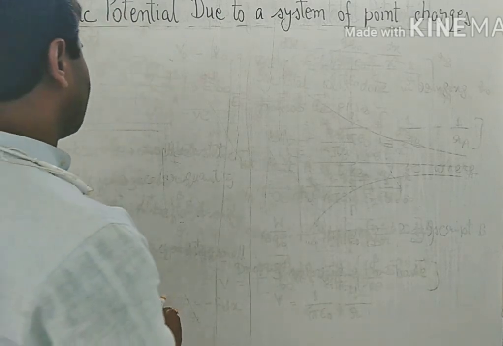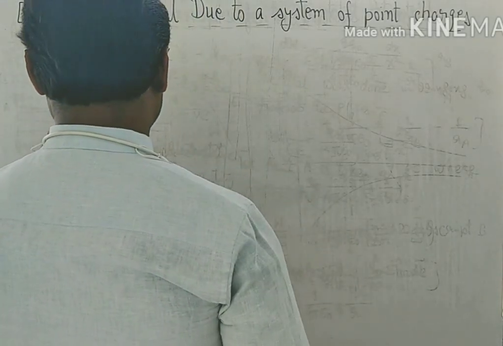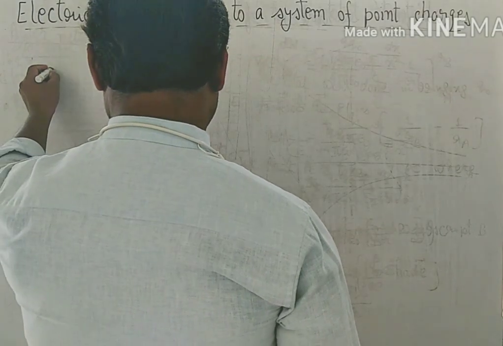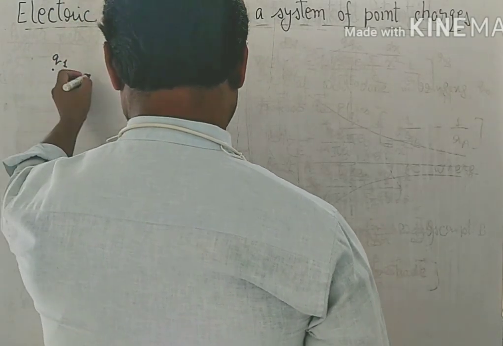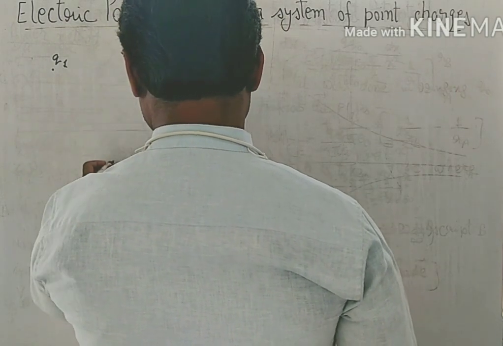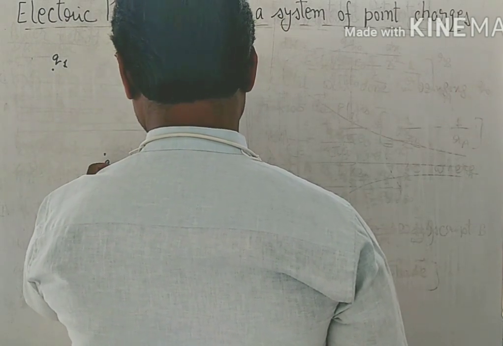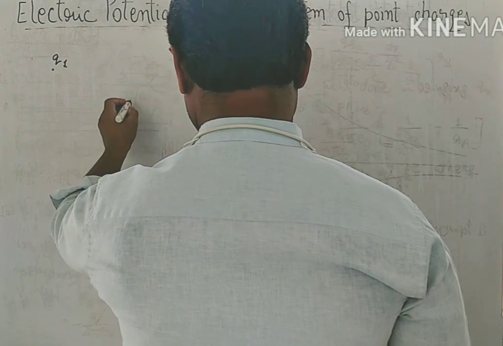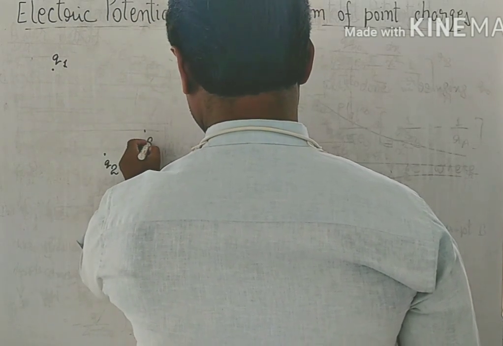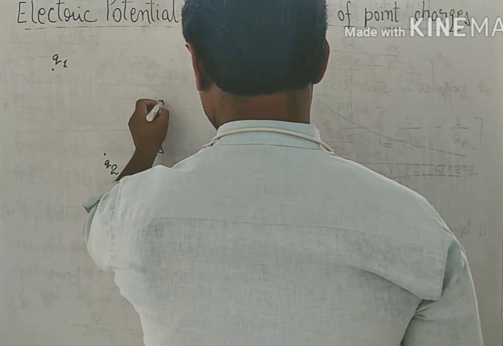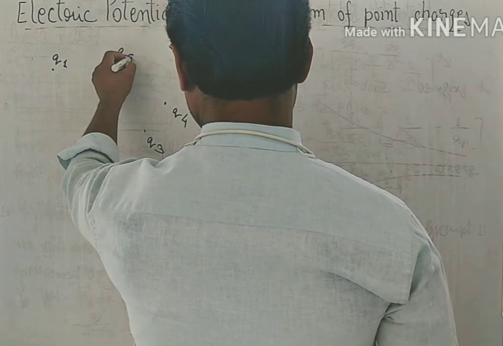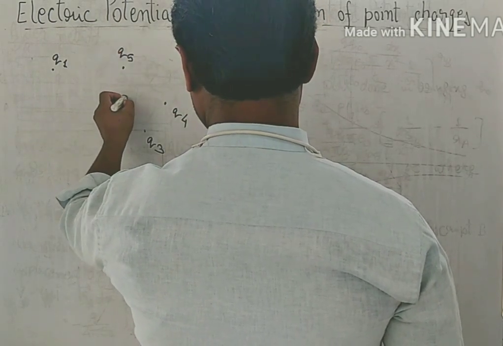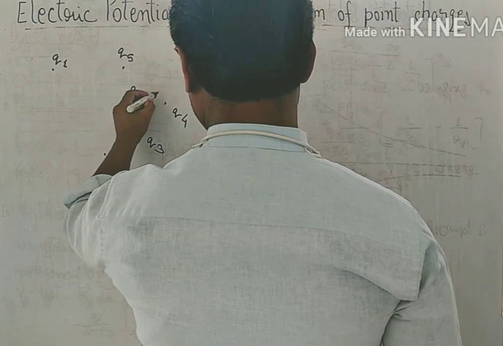So let's start. Suppose we have here an assembly of n charges, and those are Q1, Q2, Q3, Q4, Q5, and here suppose Qn.